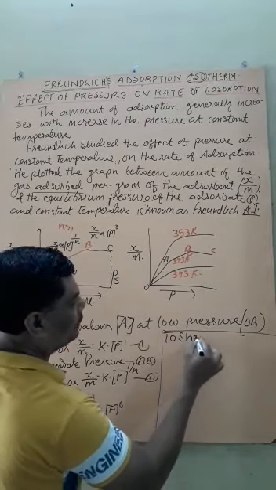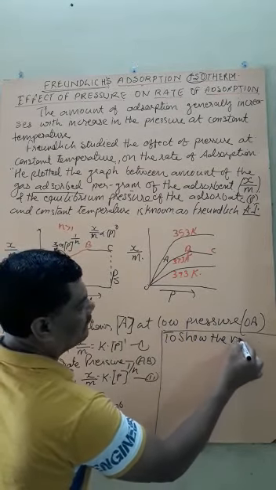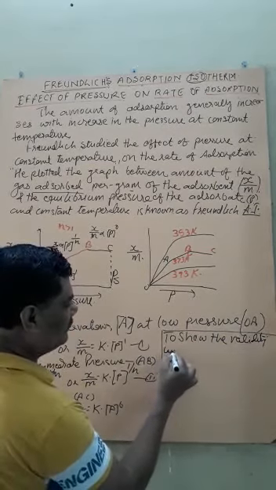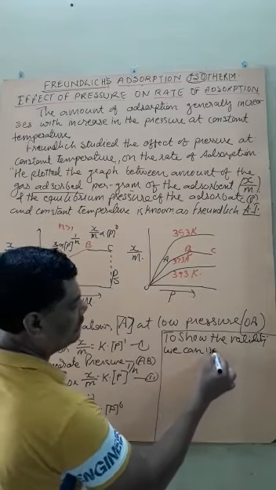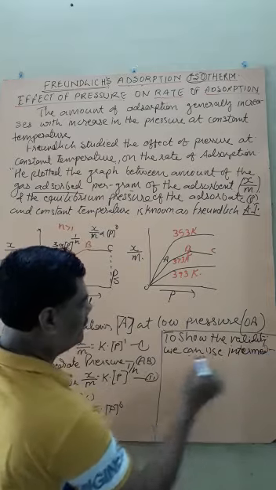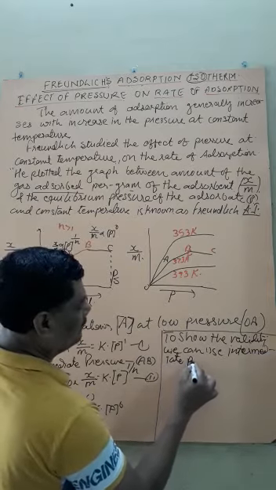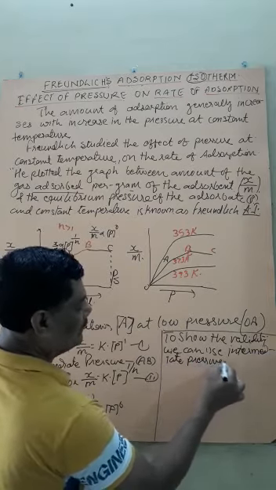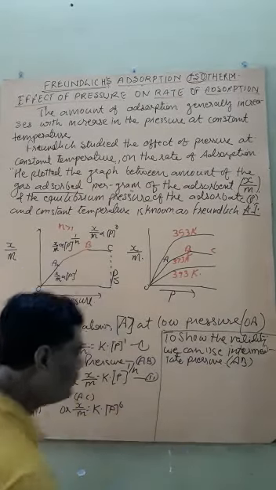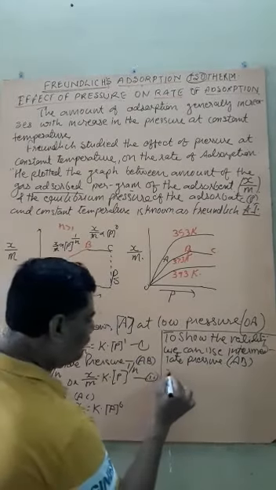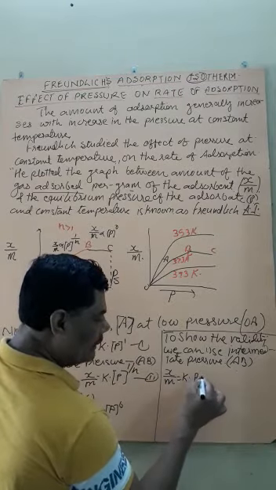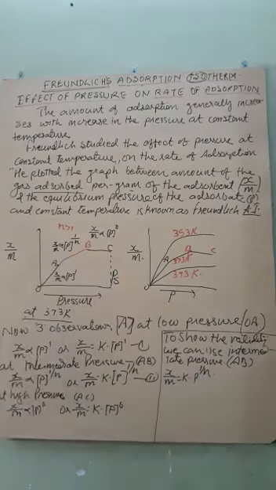To show the validity, we can use intermediate pressure, that is the A, B graph. Here x by m is equal to K into P to the power 1 by n.